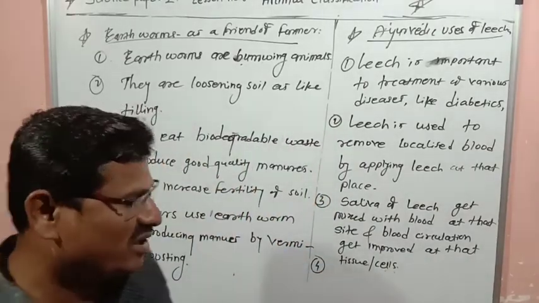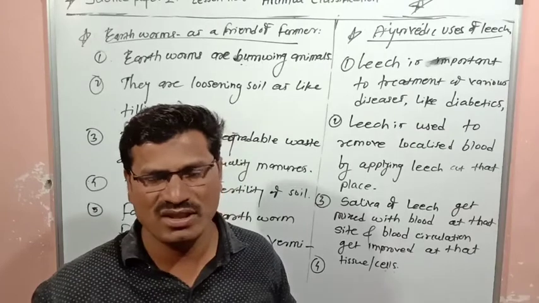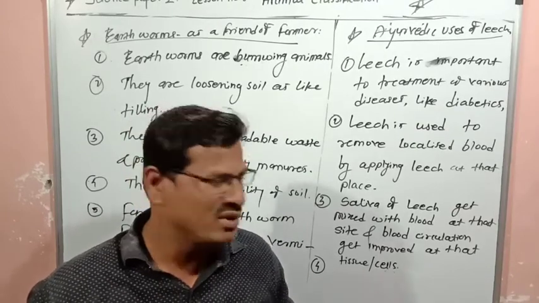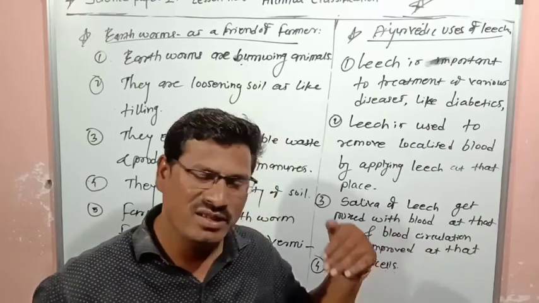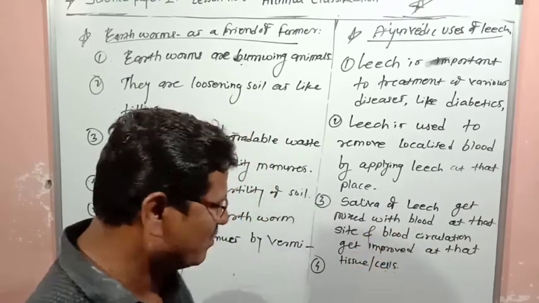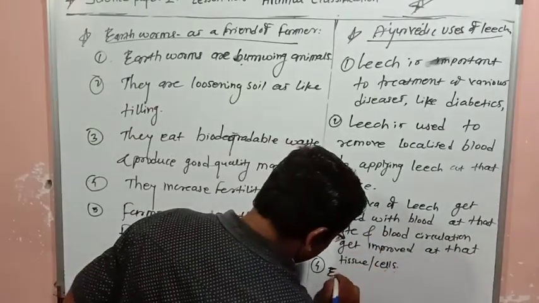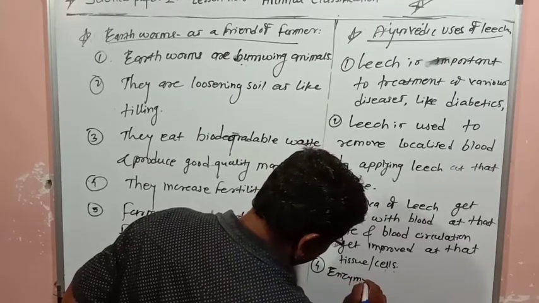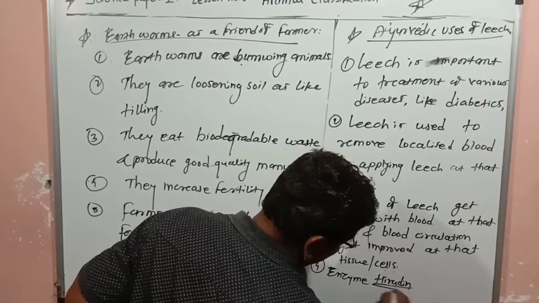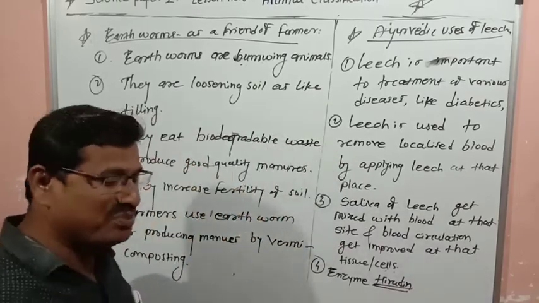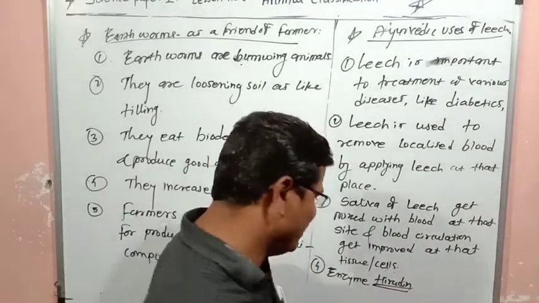And a fourth characteristic is very important, hirudin. Hirudin is an enzyme which is present in the saliva.